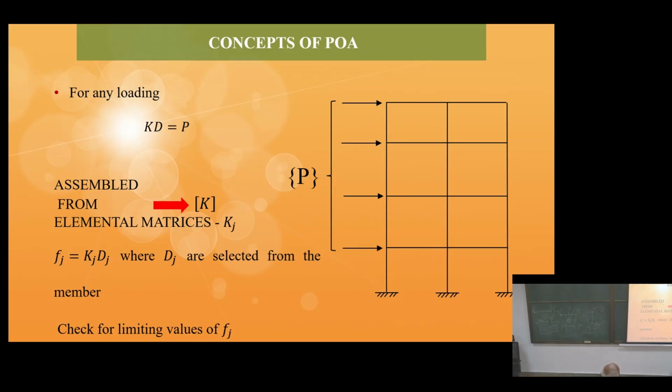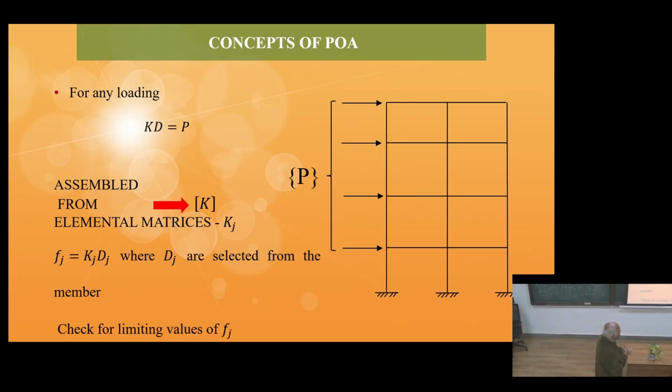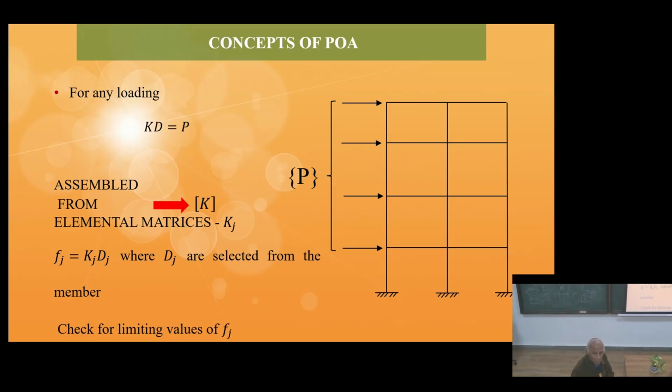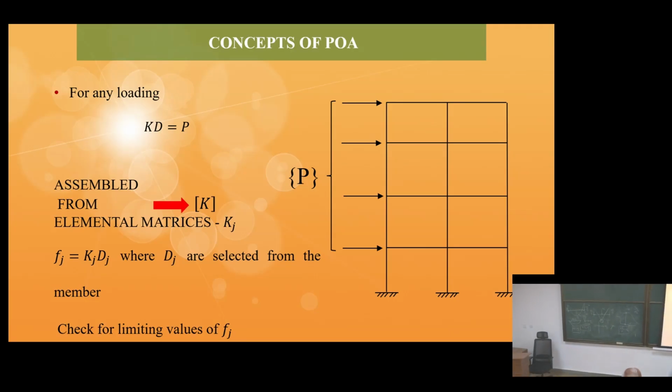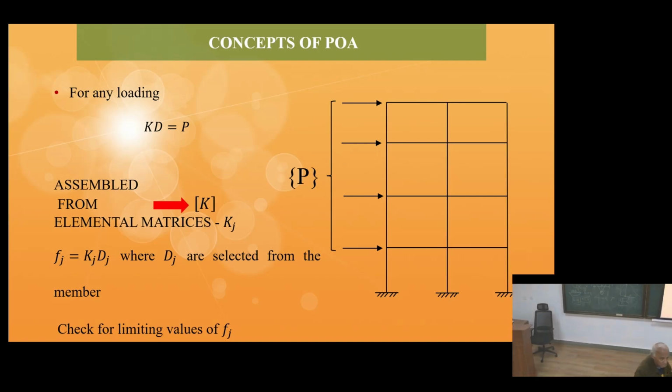Now, if you solve this, you will find out D, and once you find out the displacement D, you can find out dj. dj means the displacement at the ends of the members, and once you know the displacement at the ends of the member, rotations and displacements, you can find out the fj.